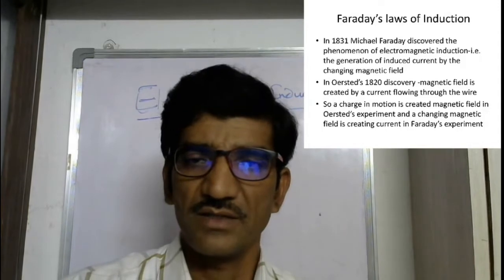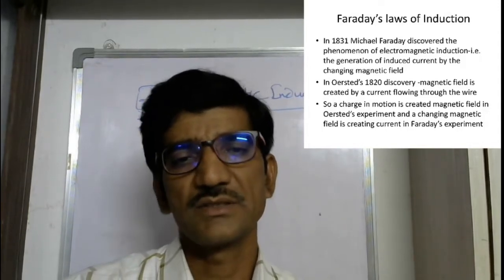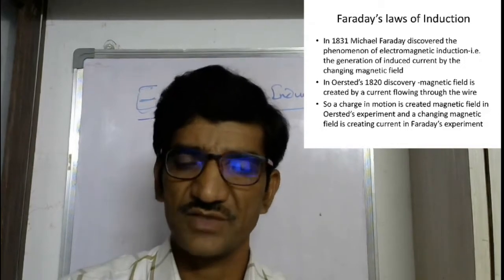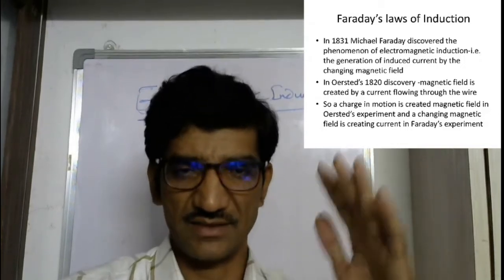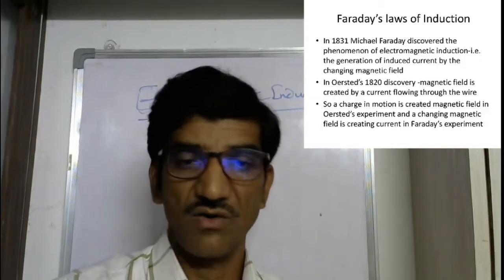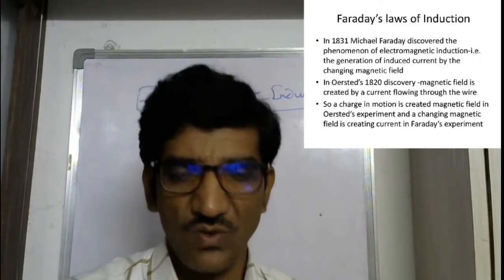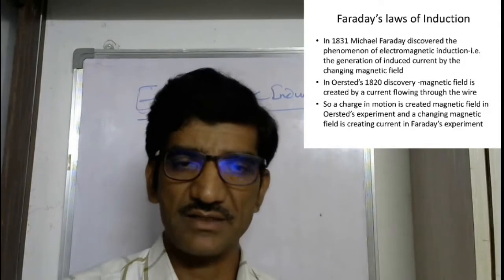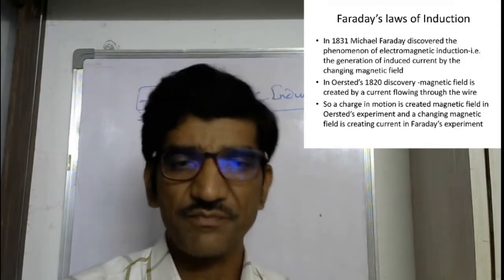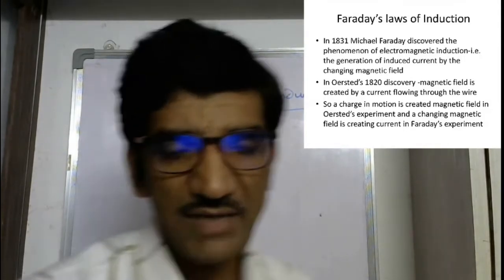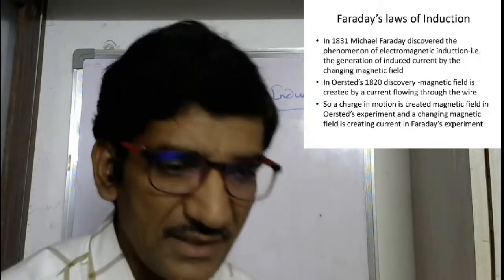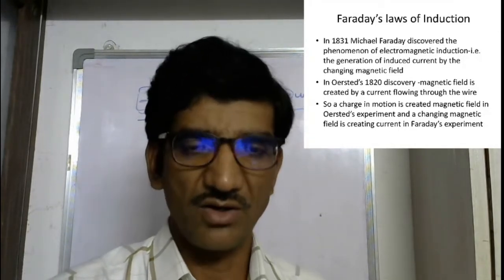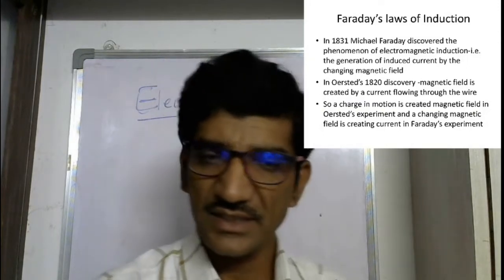In one phenomenon, the magnetic field is induced by the current flowing inside the conductor or the moving charge. That is Oersted's discovery. What Michael Faraday discovered is that whenever there is a varying magnetic field, it can produce a current in a conductor or in a coil placed in that field.